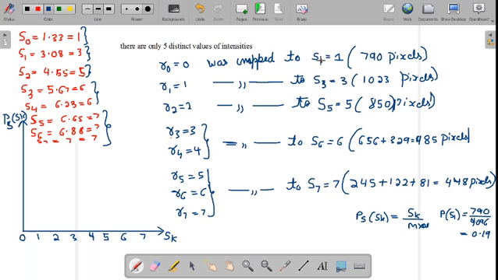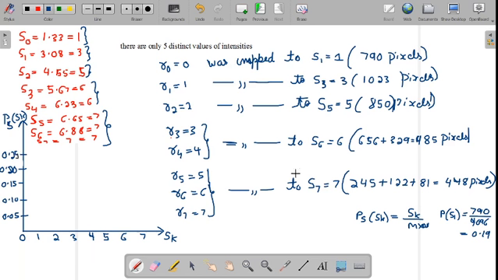The probability axis goes 0.05, next 0.10, 0.15, 0.20, and 0.25.